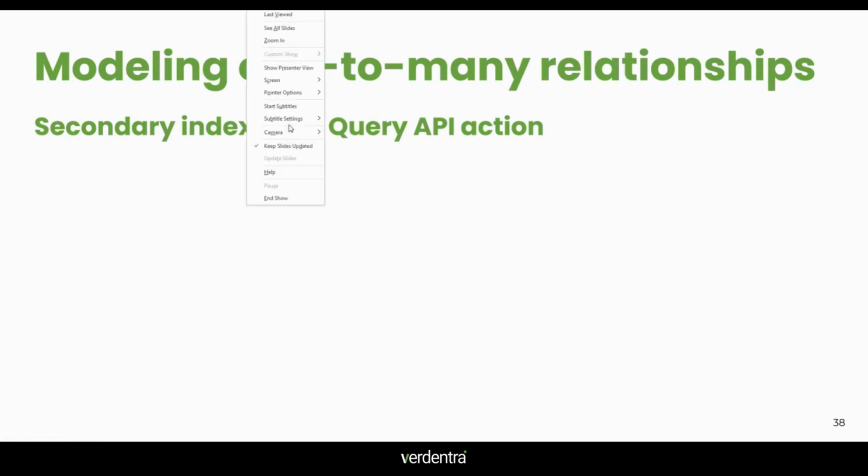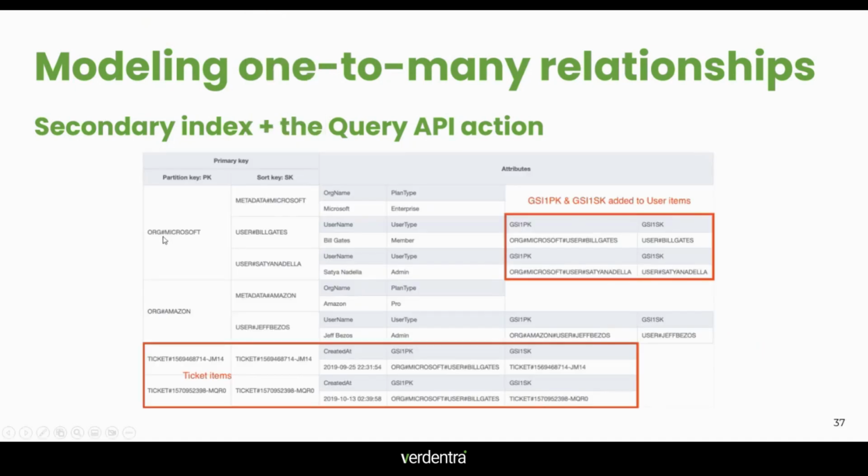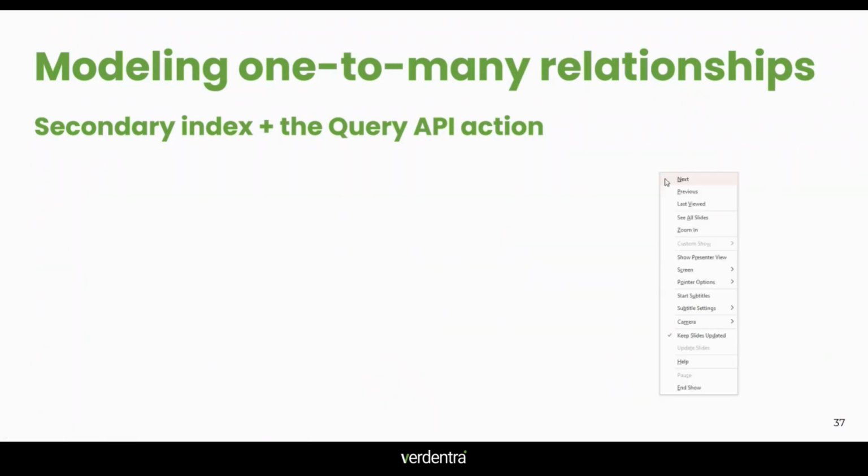But if you need to get the org, like the Microsoft users, you get the previous access pattern, since we have changed the keys of the tickets. Yeah, hope that's clear.